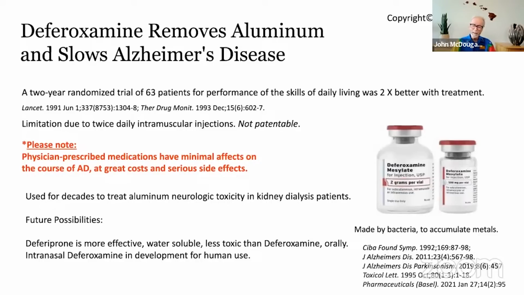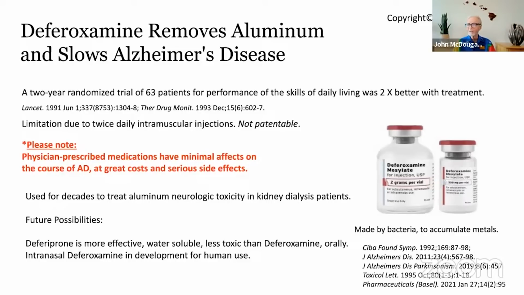I wrote him a letter to the editor, and I'm just going to tell you the summary of it. It explains the drawbacks of these MAB, the monoclonal antibody drugs, with the same data that I just gave you in the first slide. And then I explained to them about deferoxamine. And then what I ask is, why haven't we done studies? Granted, there's only 63 patients here, but it was a randomized controlled trial, which is the highest in science.